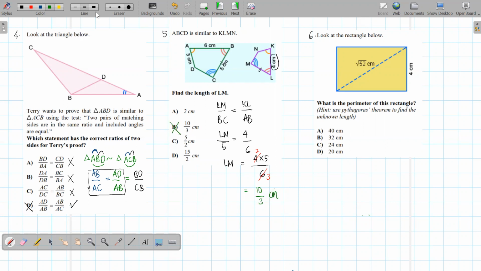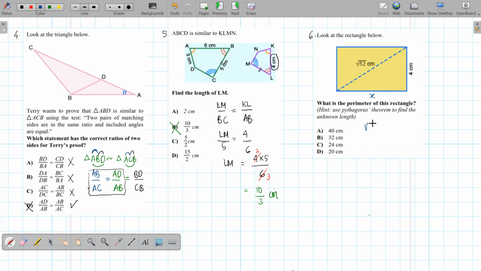Let's move on to question number 6. Look at the rectangles below. What is the perimeter of the rectangles? To find the perimeter, we need to find this length. Let's just say it is x. To find x, we use the Pythagorean theorem.